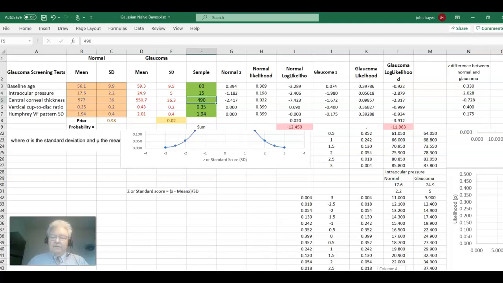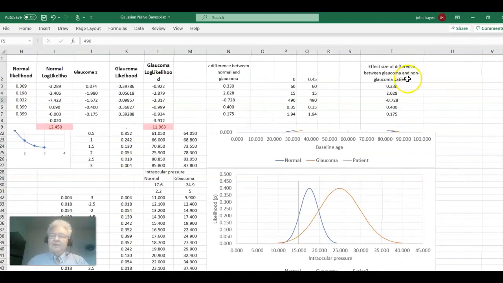And that difference divided by the average standard deviation is 2.028. Now that's just the difference between the means.